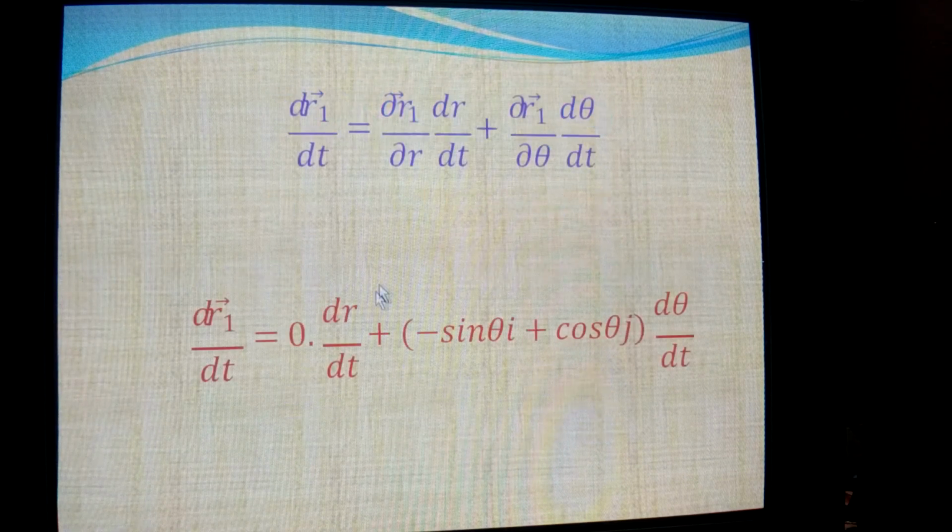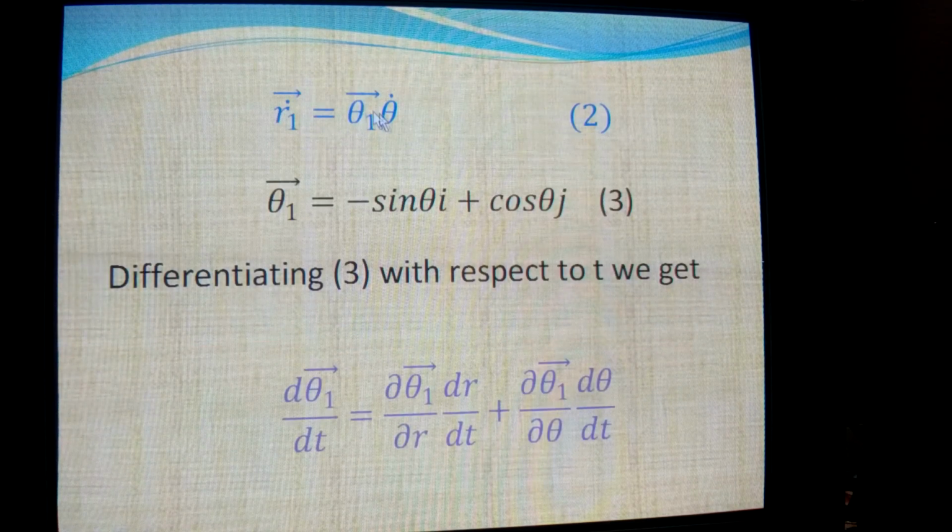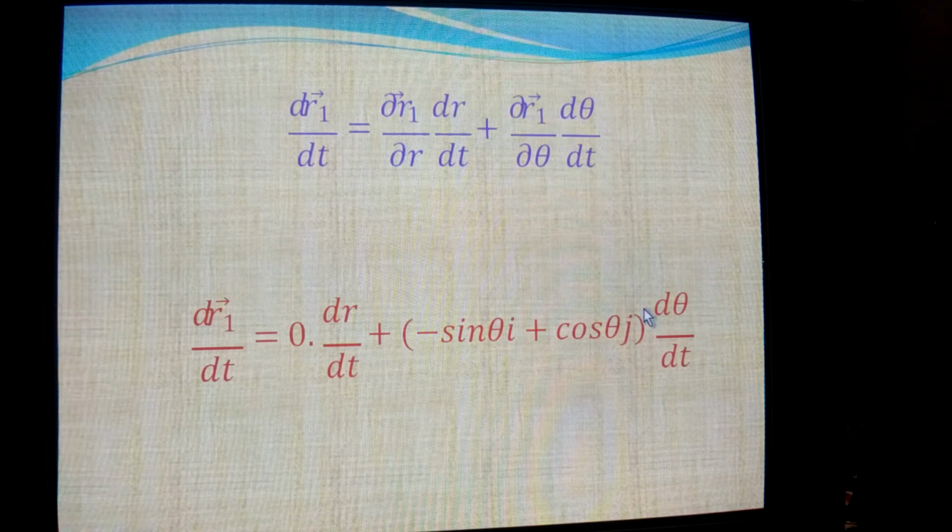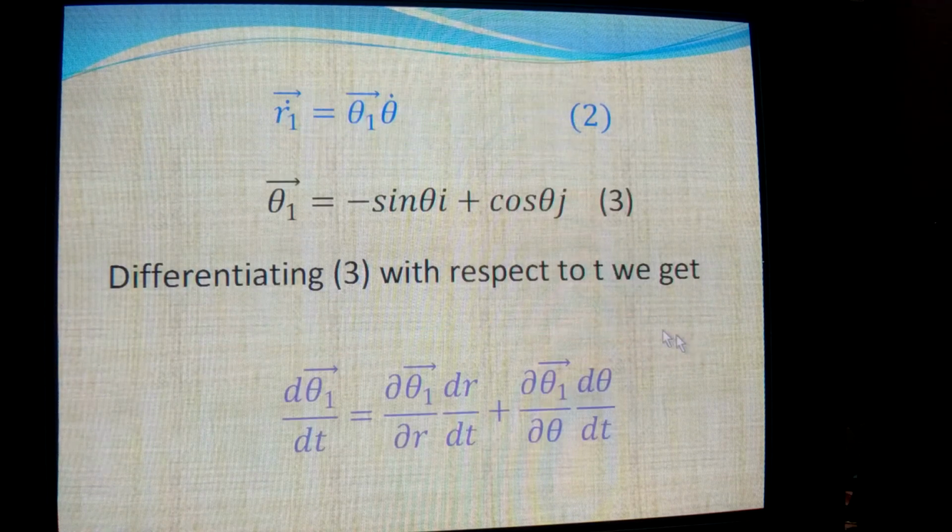again the first term becomes 0, and minus sin theta i plus cos theta j, we already derived in the last class, is nothing but theta 1 bar, into d theta by dt. This d theta by dt is nothing but theta dot.